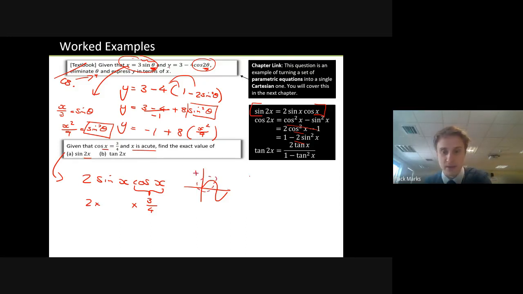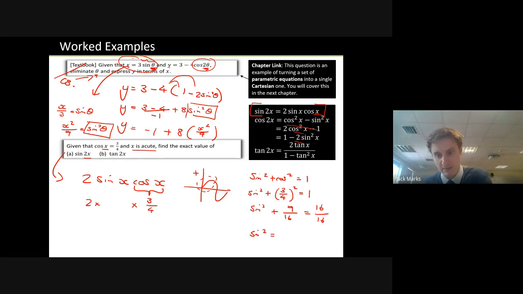And the way we work this one out, we know that sine squared plus cos squared equals 1. Cos squared, well, we know cos is 3 over 4, so we could fill this in like so. Sine squared plus, that's going to be 9 over 16 equals 1. You could rewrite 1 as 16 over 16. That's just one way that you can do this question.